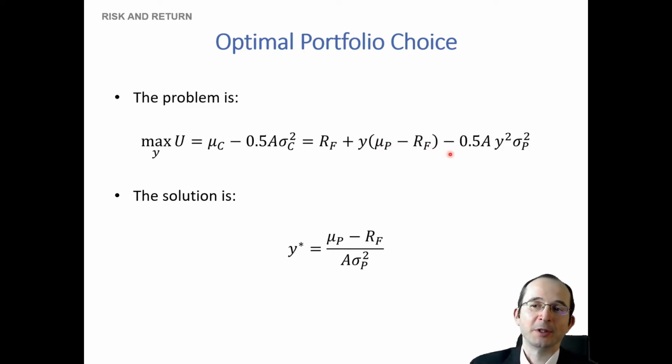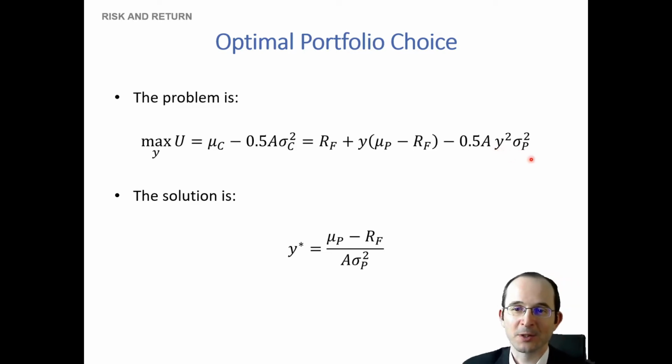Then in the utility function, we subtract 1/2 times A times the variance of the portfolio. If our standard deviation was the allocation to the risky asset times the standard deviation of the risky portfolio, the variance is just that term squared.